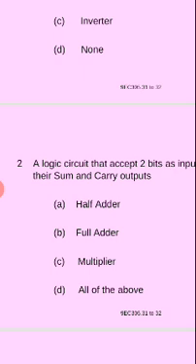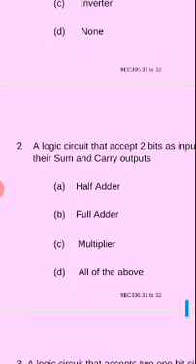Option A, half adder, option B, full adder, option C, multiplier, D, all of the above. For that, option A is the right answer. That is half adder.